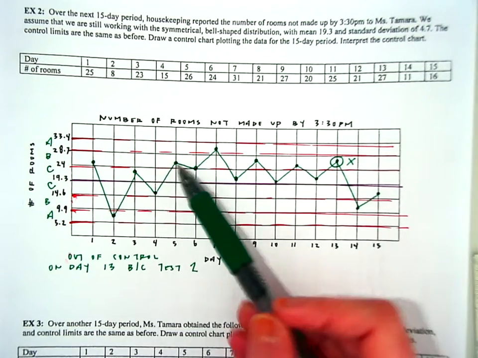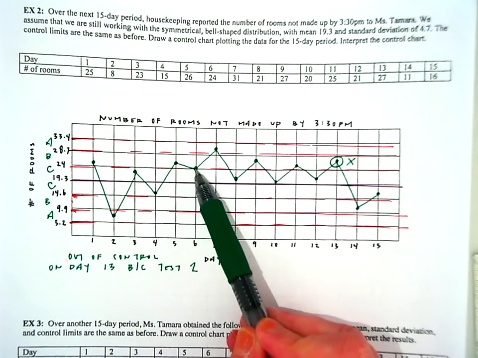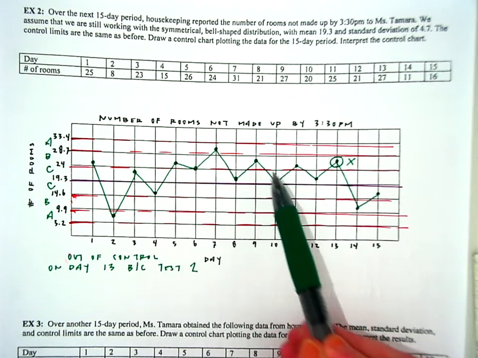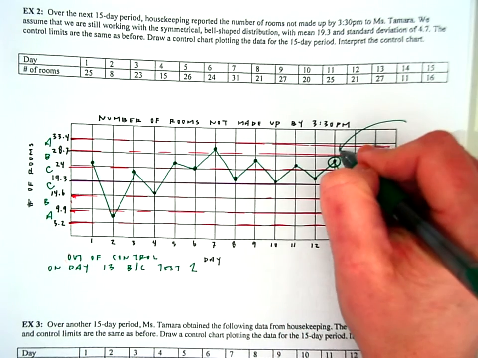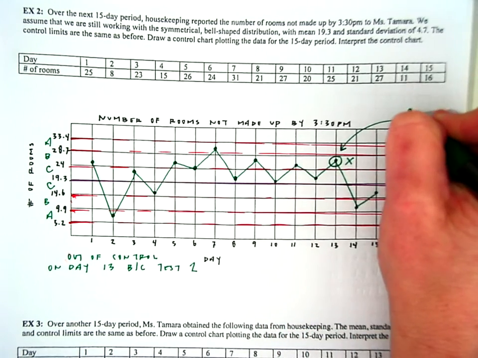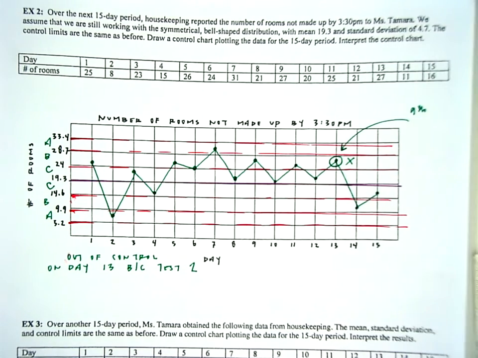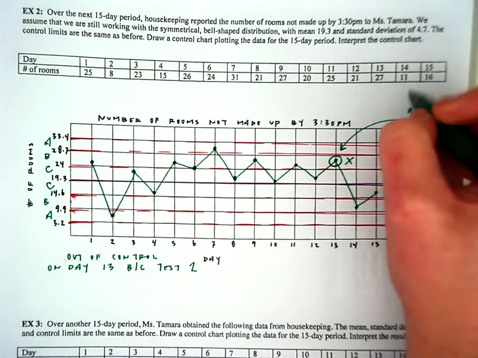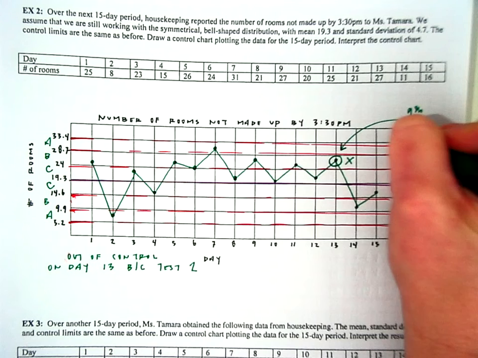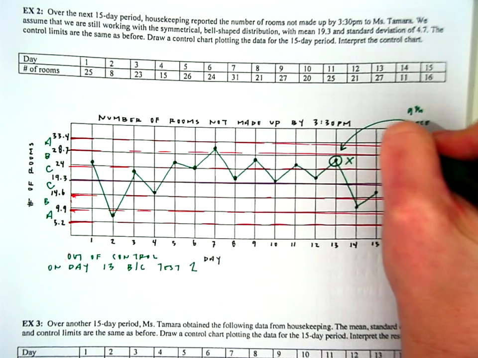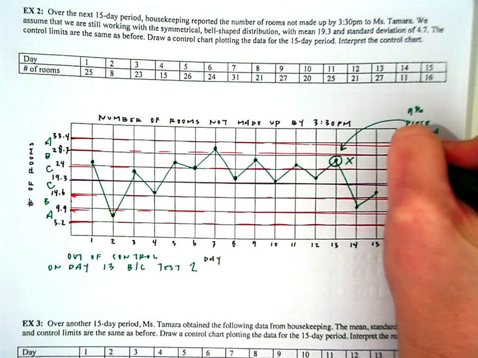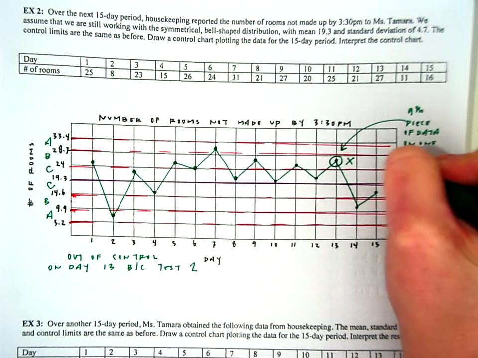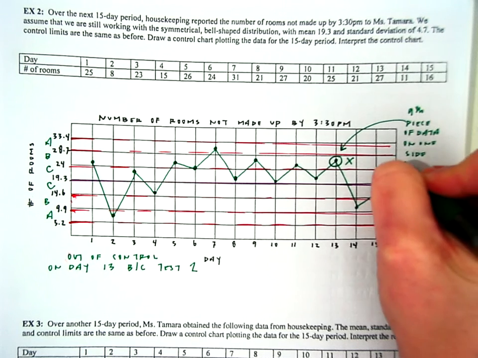So I can see that right here I have 1, 2, 3, 4, 5, 6, 7, 8, 9. So right here would have been my 9th consecutive data point that's on one side of the center line. So 9th piece of data on one side of the center line.